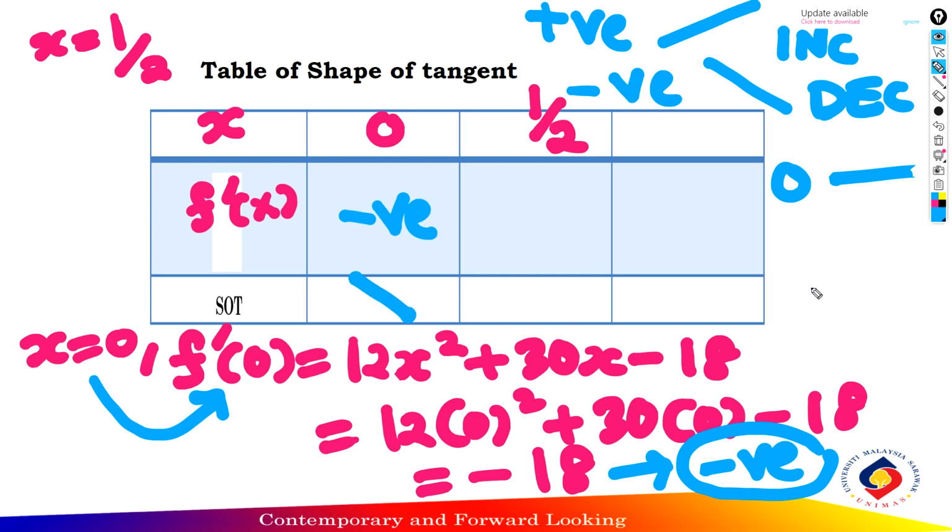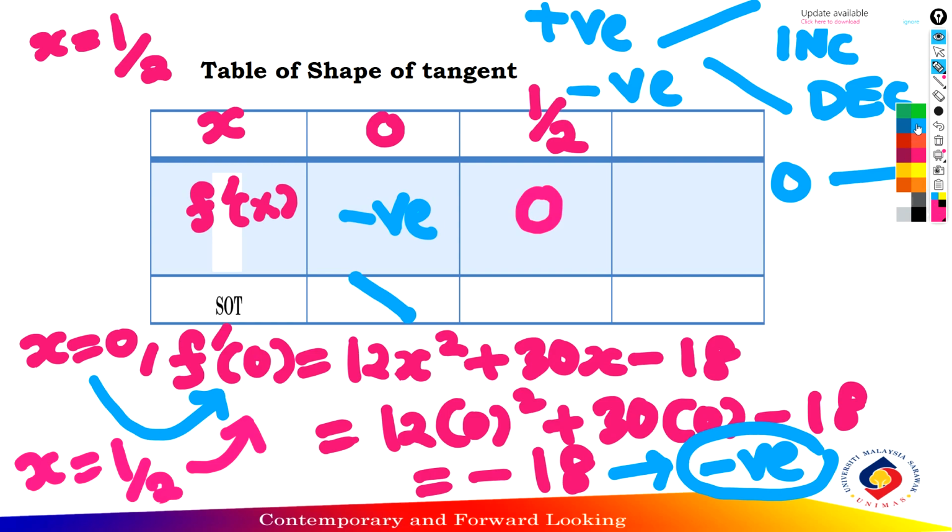Okay, and the second value when x equals 1 over 2. And you substitute into the first derivative. For this substitution you just use your calculator. x equals 1 over 2, and then the first derivative equals 0. Okay, and here you put the horizontal line.